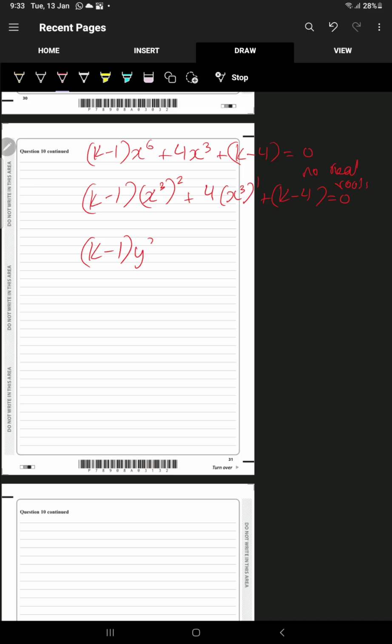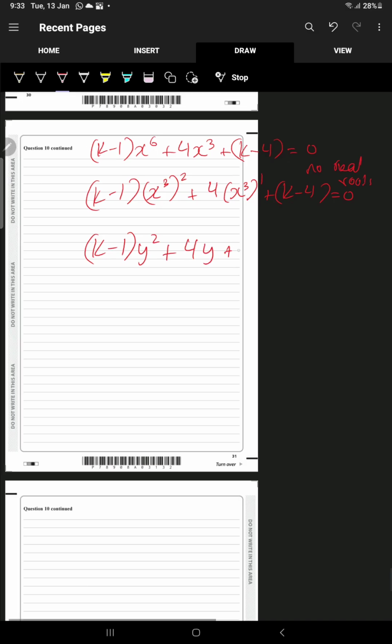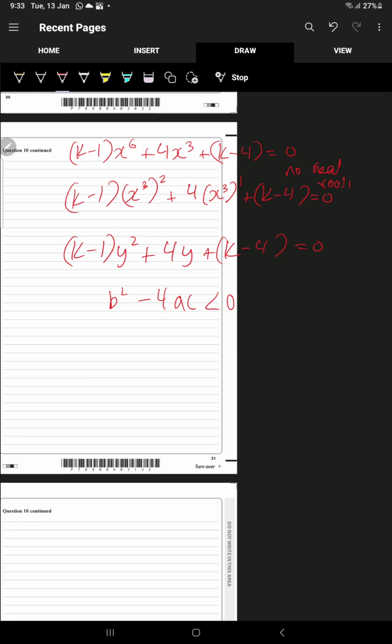Now the discriminant, b squared minus 4ac, is going to be less than 0. You should know this: whenever there are no real roots, the discriminant is less than 0. If there were one or more roots, it would be greater than 0.